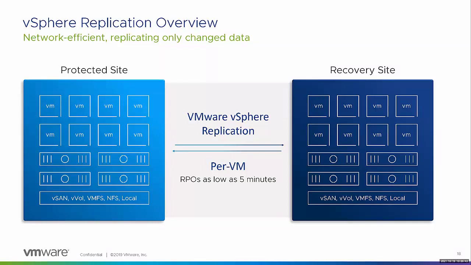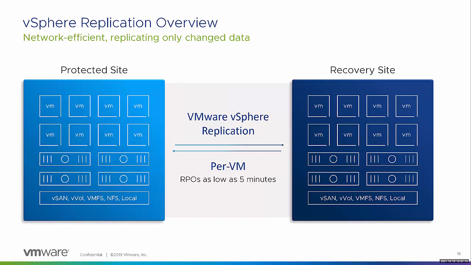And this is the replication engine that's currently used when you're using Site Recovery Manager in the context of cloud-based protection, so for VMware Cloud on AWS. Site Recovery Manager also works with other hyperscalers, Google Cloud VMware Engine and Azure VMware Solution. Currently, vSphere replication is the only replication engine supported for those.